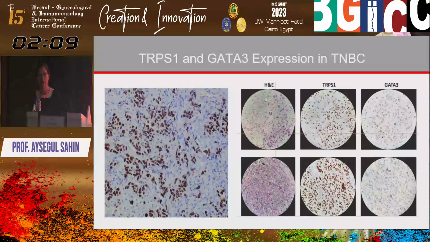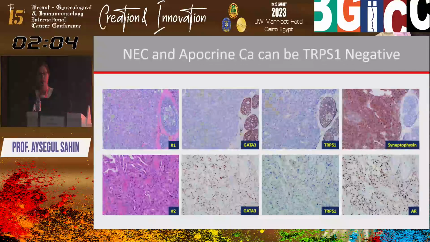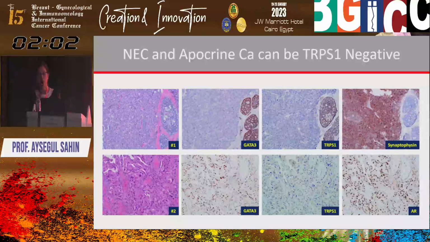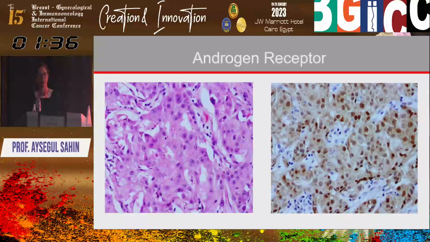And as I indicated before, TRPS1 now is extensively used in our clinical practice. One thing that I did not mention in my previous talk is that we have to be careful with TRPS1, which is the apocrine carcinoma and neuroendocrine tumor of the breast. These tumors can be negative for TRPS1. So if you have an apocrine morphology, and if it is TRPS1 negative, don't exclude breast primary.